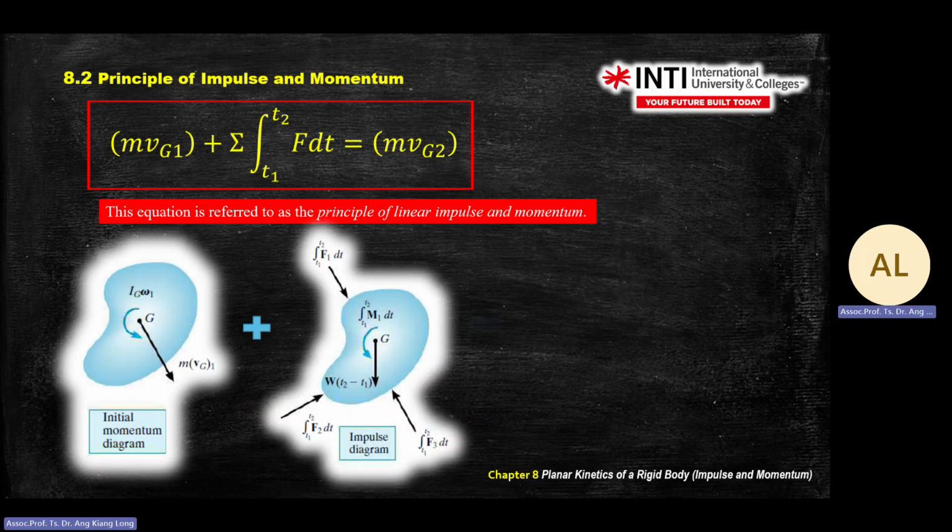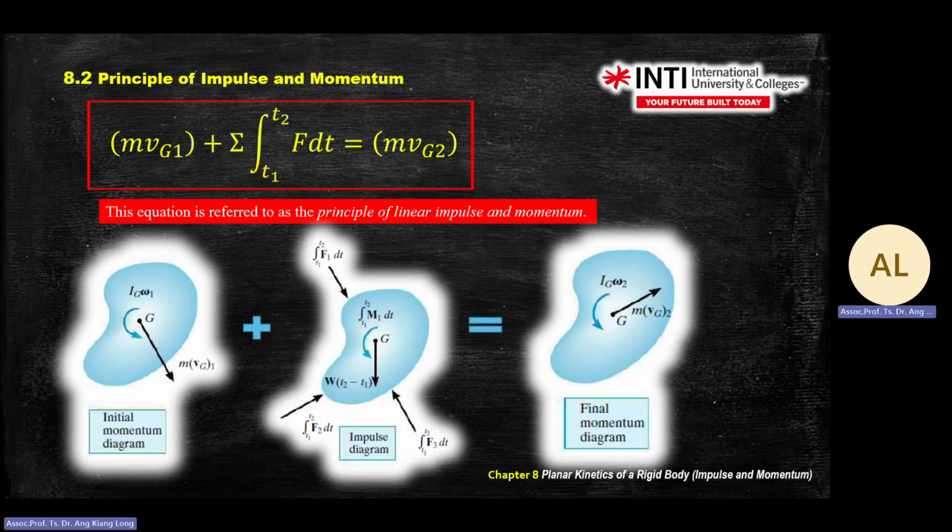What does it mean if you draw a diagram for this principle of impulse and momentum? mv1 is what happened to the center of mass and the velocity, so you only look at translation. Not only translation, because here you have I omega, there's a rotation. So you have the initial momentum diagram, plus the impulse diagram.